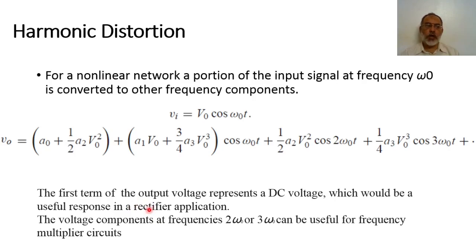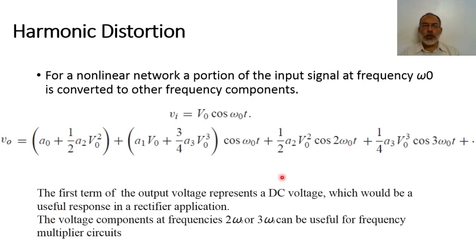So in the case of wireless power transfer and microwave detectors, the dominant term is the DC component. It is proportional to A2 and proportional to the square of the amplitude of the signal.